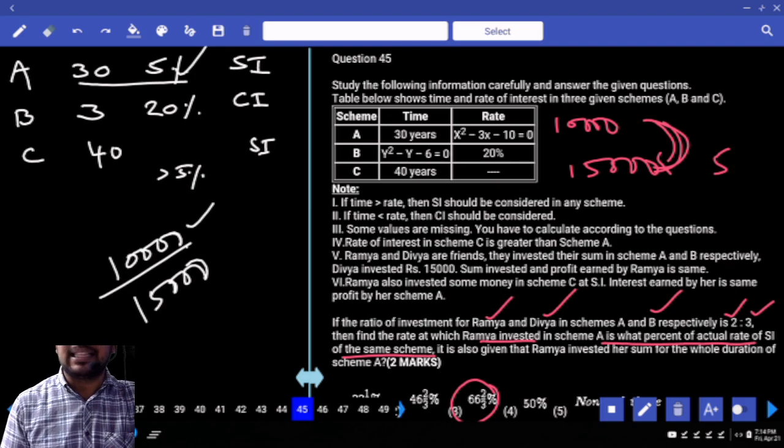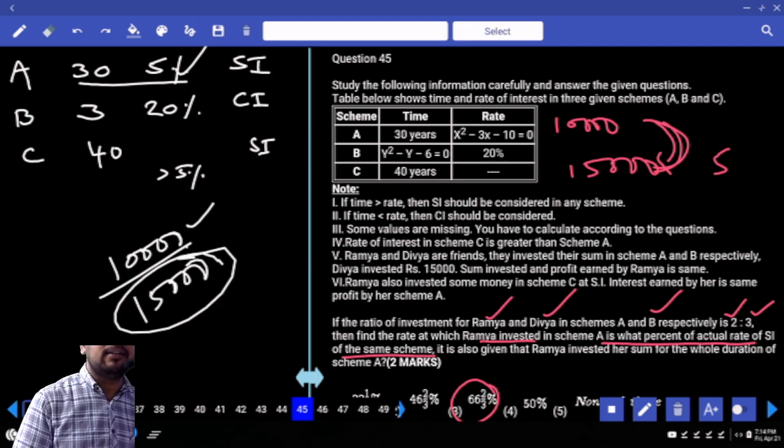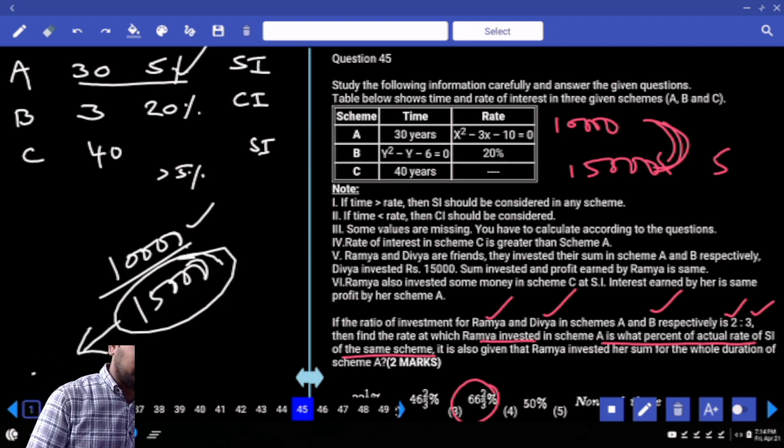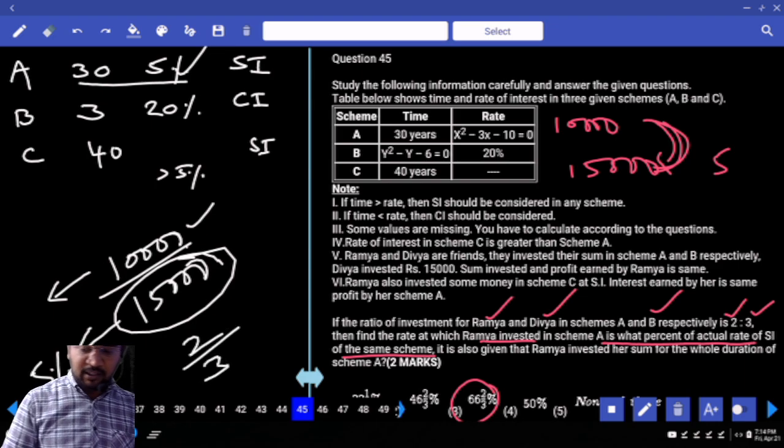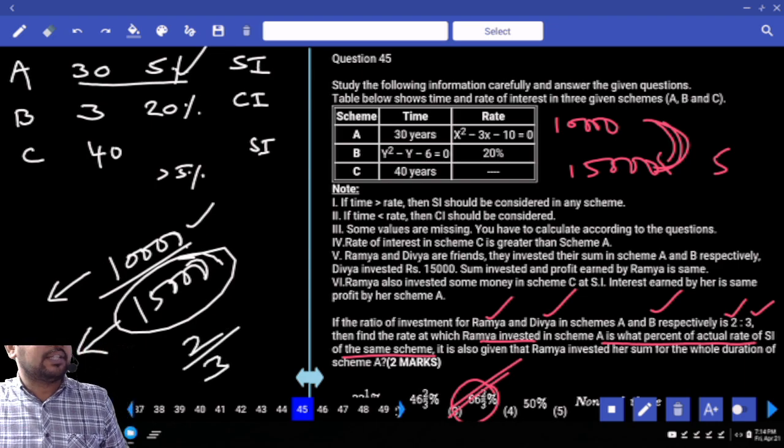We need to get only 10,000 as interest, but you are getting 15,000 according to the given rate of interest, but this is according to the question. 10,000 by 15,000 is nothing but 2 by 3. 2 by 3 is nothing but 66 2 by 3.